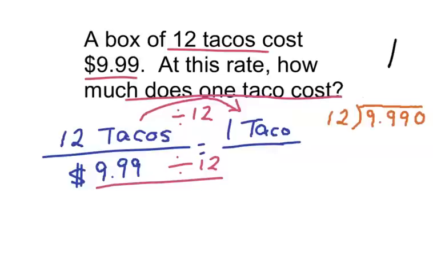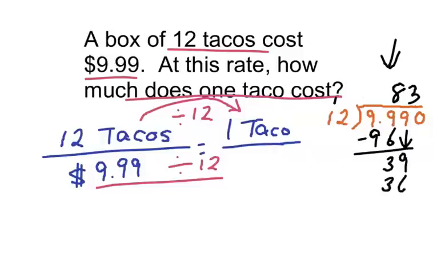Okay, so we'll look over here. How many times does 12 go into 9? Well, it can't. But how many times can 12 go into 99? Well, that would be 8 times. 8 times 2 is 16. 8 times 1 is 8, plus 1 more is 9. So we're going to subtract that. That's going to give us 3, bring down the 9. How many times does 12 go into 39? Well, that would be 3 times. 3 times 12 is 36.